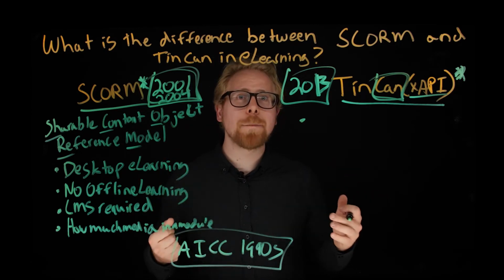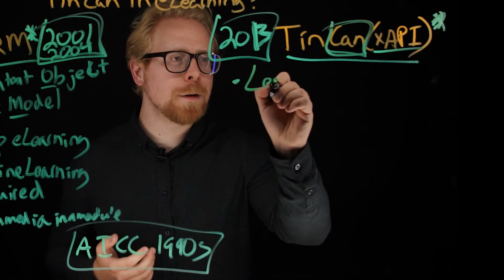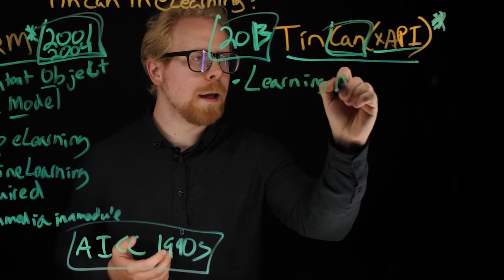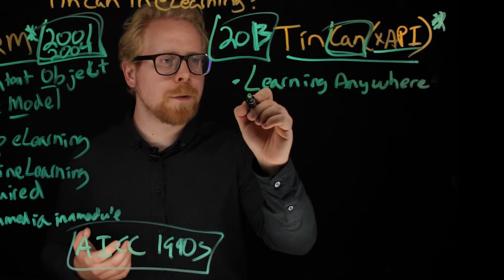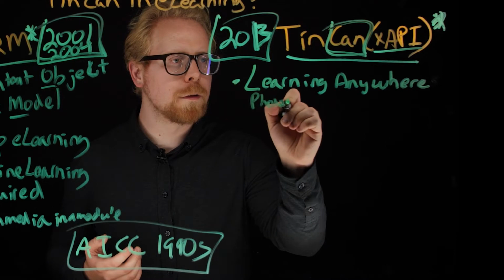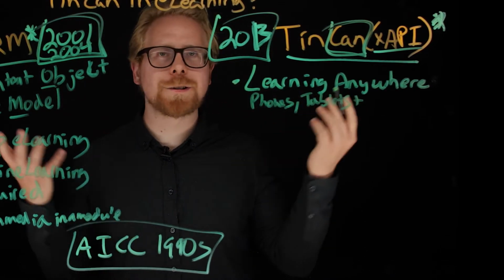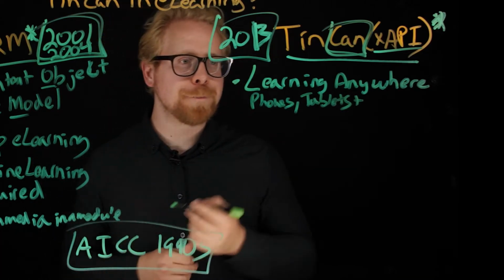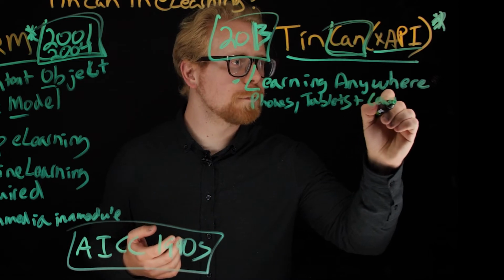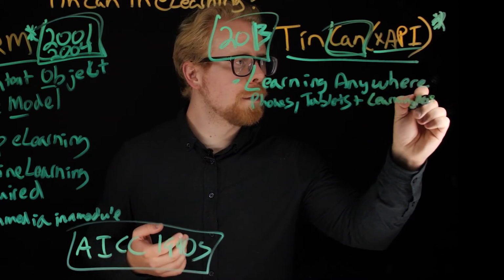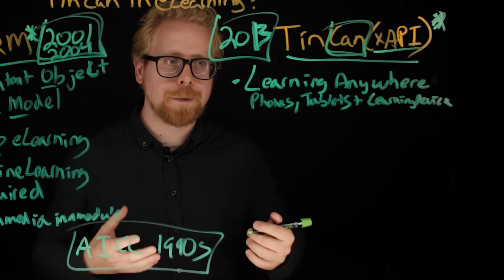Pretty blanket statement. Obviously, if we're going to look at that more technically, when learners are learning anywhere, this means that if they're on their phones and tablets and other devices that may not be a phone or a tablet, but still a learning device, Tin Can works for tracking the data.